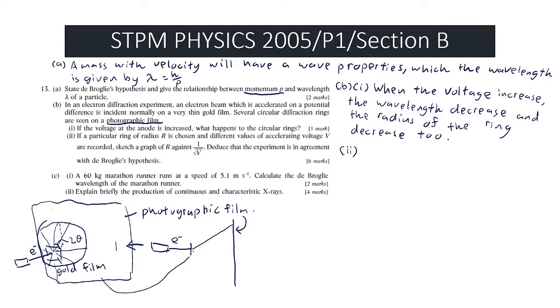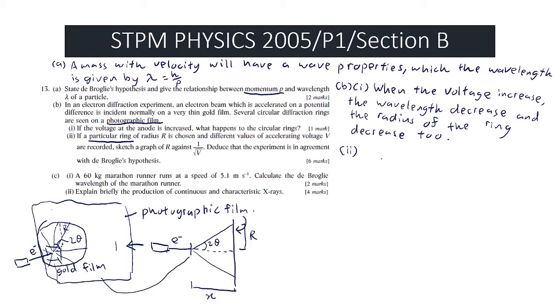Of course, we only focus on one particular ring in our case here, and here is 2 theta, and here is given by R, and let's say here is X.